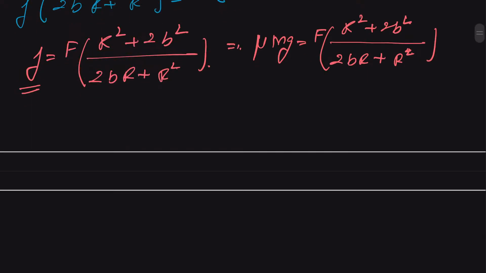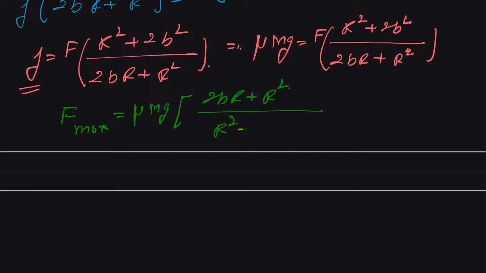Therefore now F max is equal to mu mg, and this comes as our 2BR plus R square, and we have R square plus 2B square. Okay, the rest of the things will be the same except the value of our constraint motion. That's the only difference.